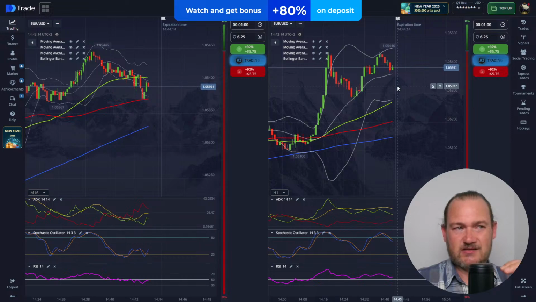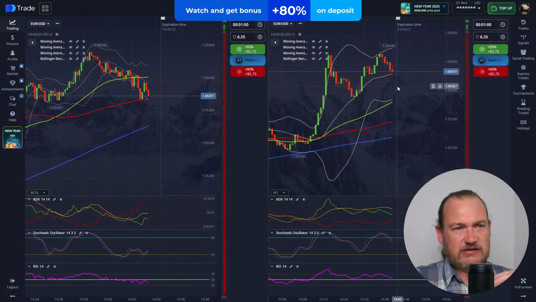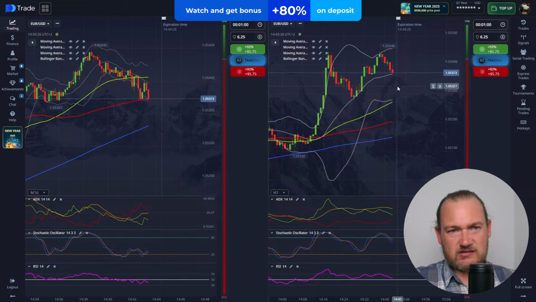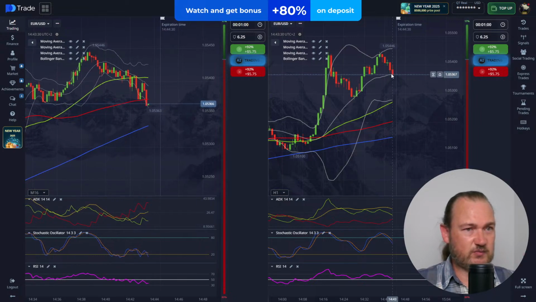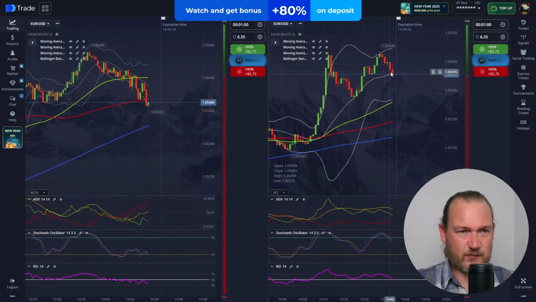I don't like taking trades that are close to my entry conditions from my strategies, because quite often, if you don't wait for a proper setup, it looks like it's going to go your way, but in the end, it's going to burn you. This is a very good example. If I did take this just because it was close but not within the parameters of my trading strategy, I would have lost this trade as well.